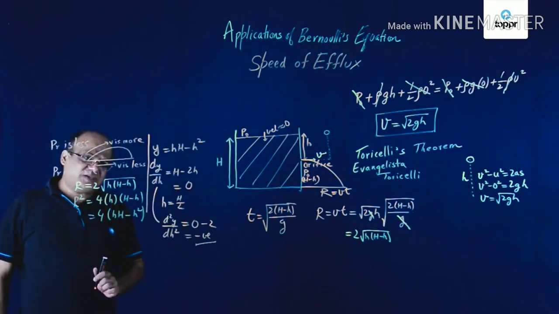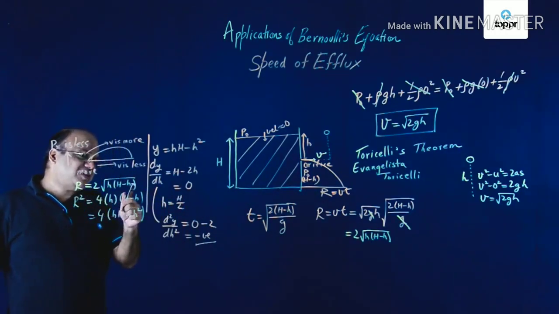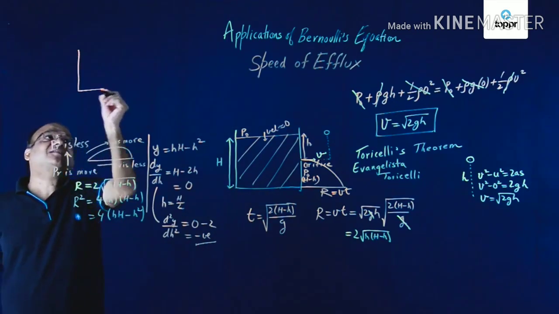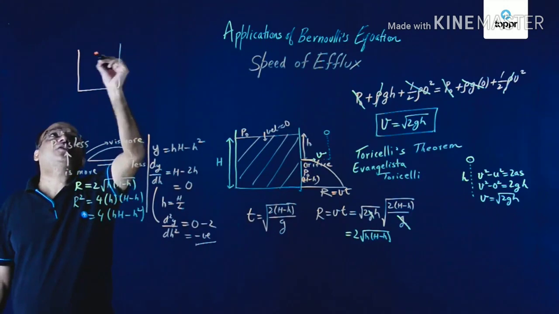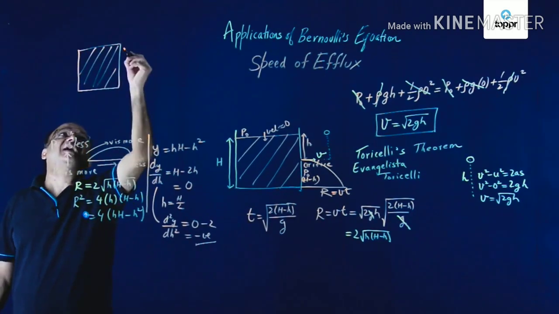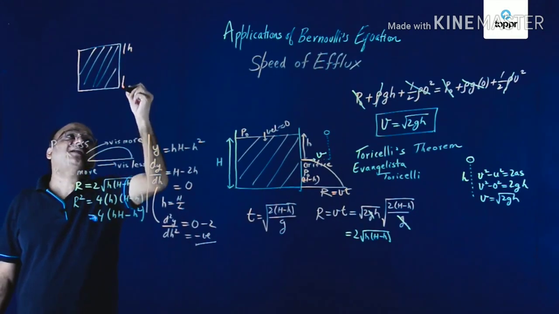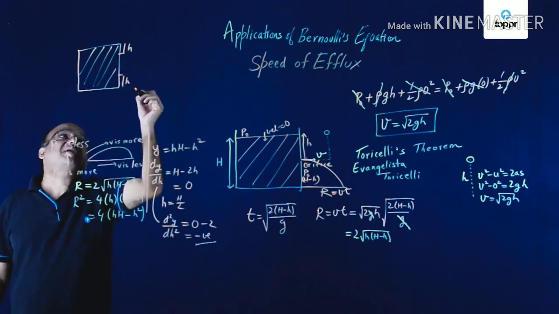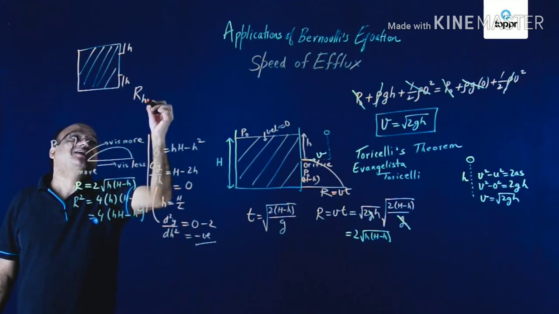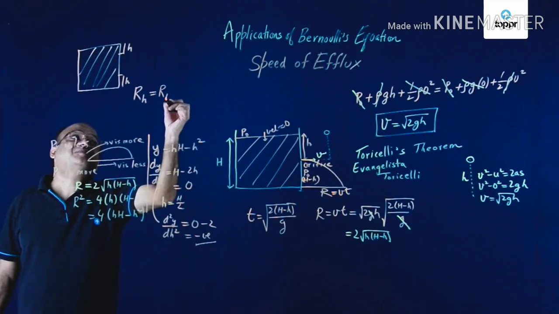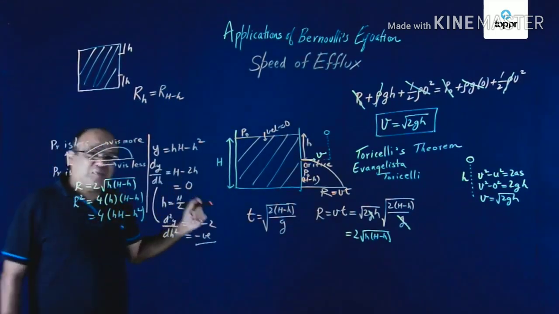Another important thing you see: this is very symmetric in h and H minus h. So if a tank is full of liquid and we make a hole at a depth h from the top or at a height h from the bottom, in both cases the range will be the same. R of h is equal to R of H minus h. This is very important.